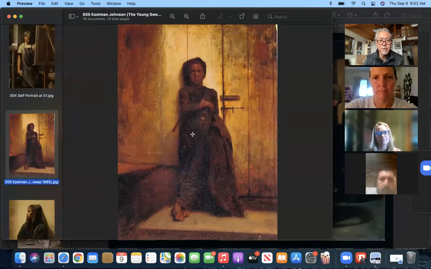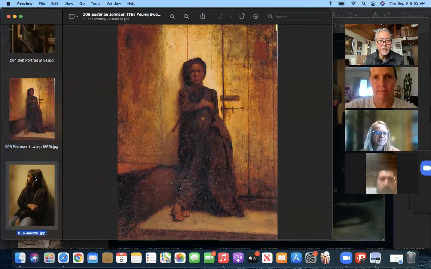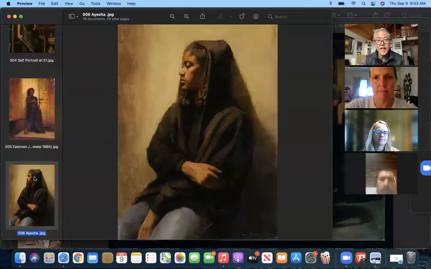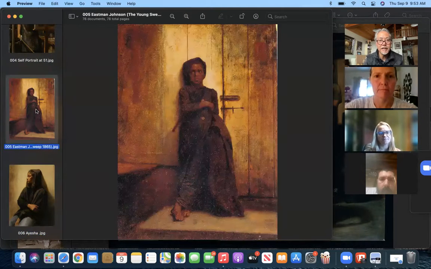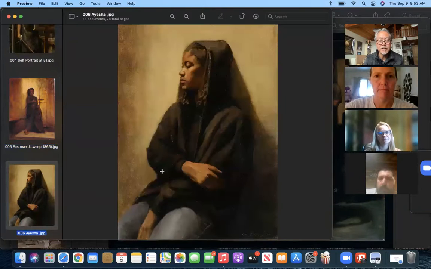This particular pose inspired this painting, which I did in class at the Academy of Art, but from a different angle. I tried to set it up in a similar pose and lighting to The Young Sweep. This was a student at the Academy, and I was actually positioned in front of her.